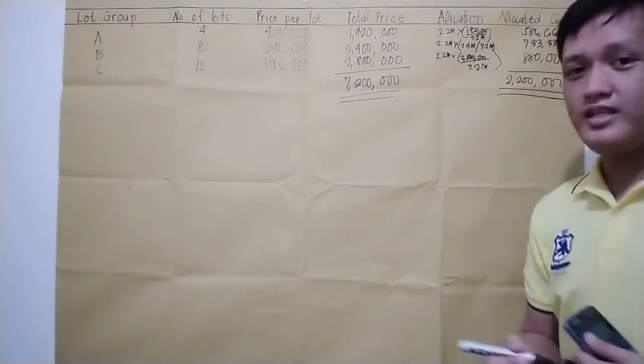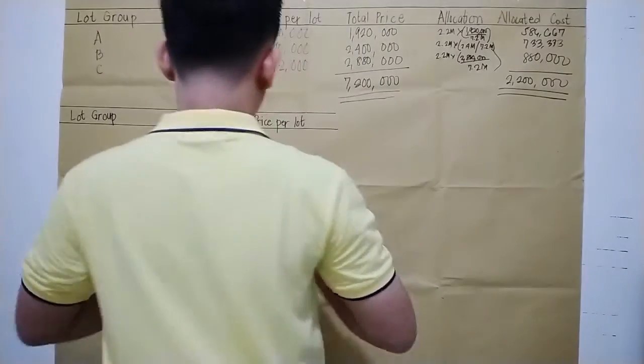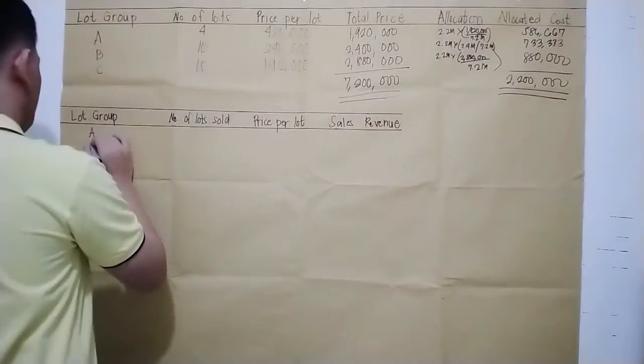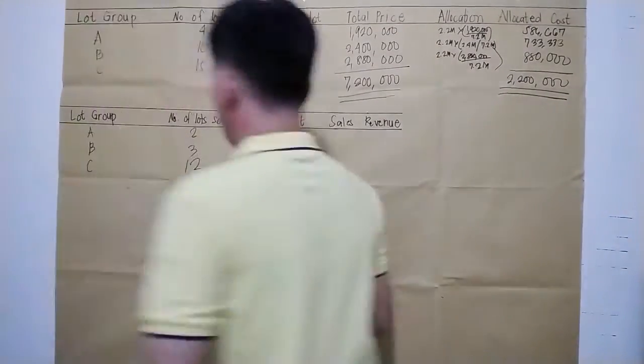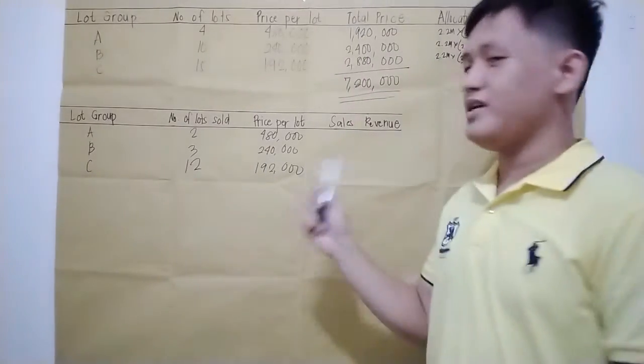So our allocated cost now is 2,200,000. The next step is to get the sales revenue. At this time, the number of lots sold is multiplied by the price per lot.